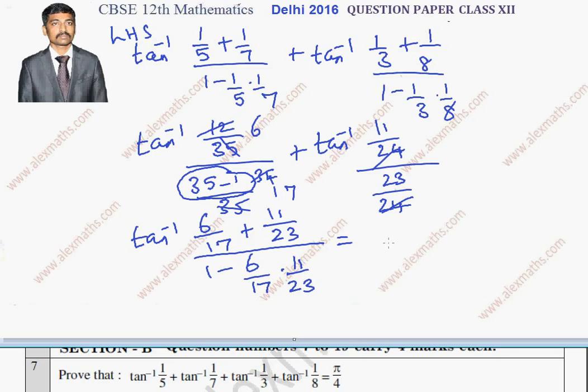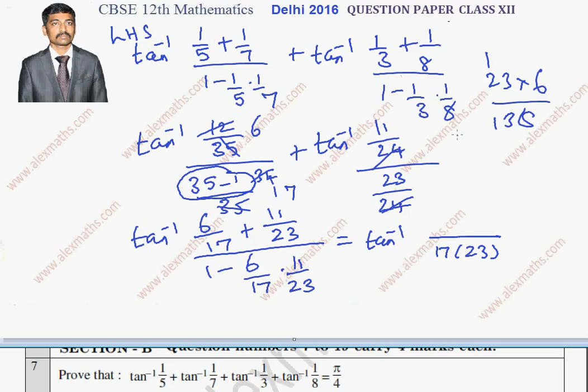So now we have to take LCM. The LCM is 17 into 23. So in the numerator it is going to be 6 into 23, which is 138.